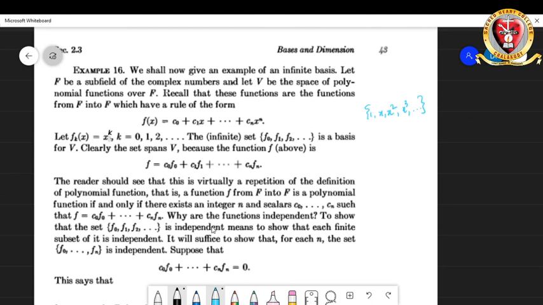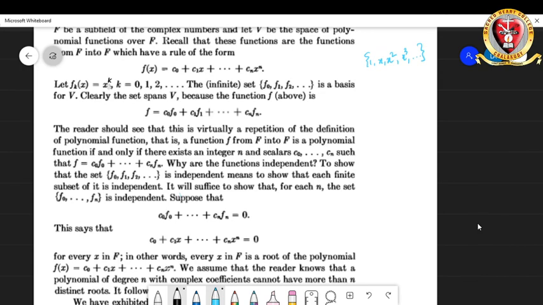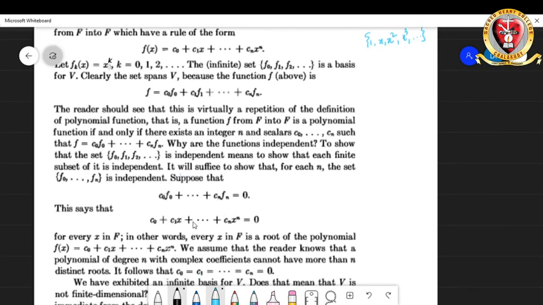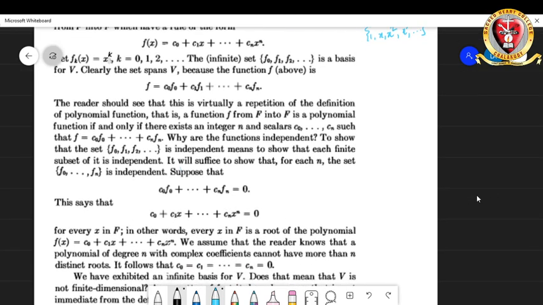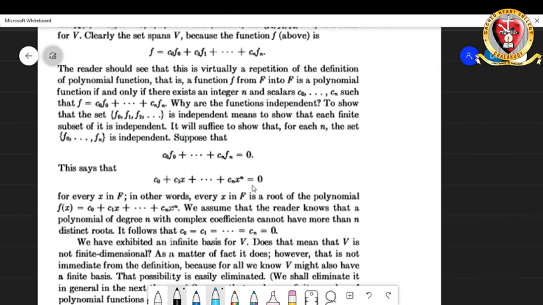It is also a linearly independent set, because if we equate the linear combination c0 plus c1x plus etc plus cn x raised to n to 0, that will certainly imply c0 equals 0, c1 equals 0, etc cn equals 0.